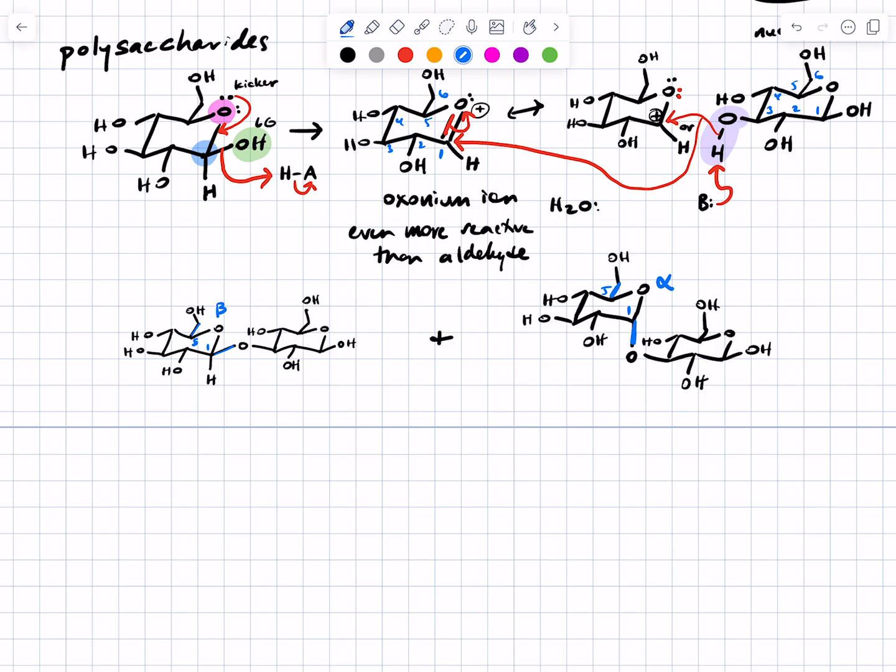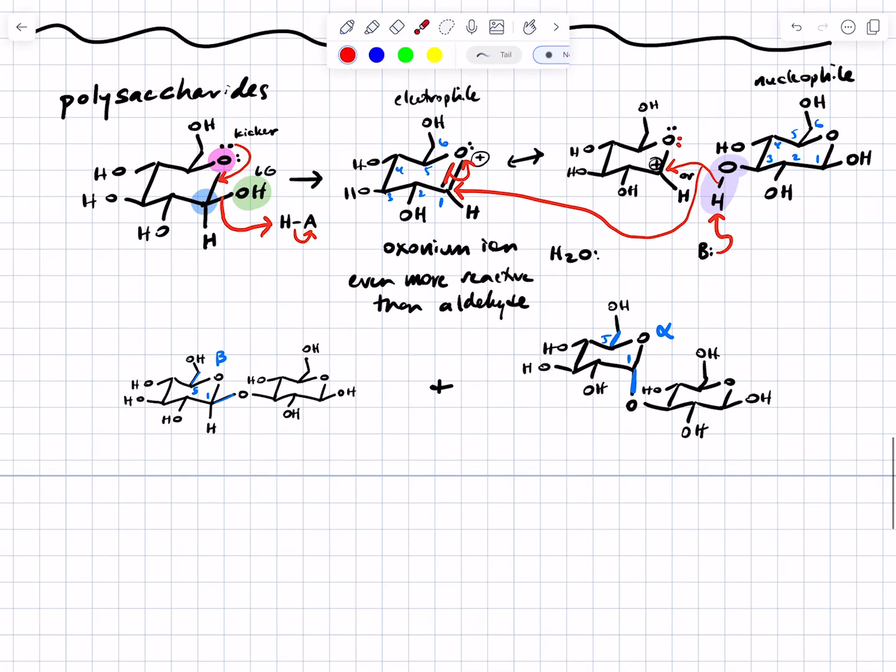This is certainly one of the things that happens when you go to caramelize sugar. And the only difference is that, we've only done one step, any of these alcohols are still available to be nucleophiles in these types of reactions.